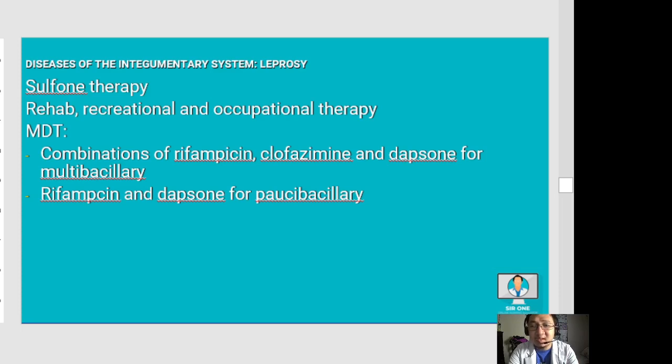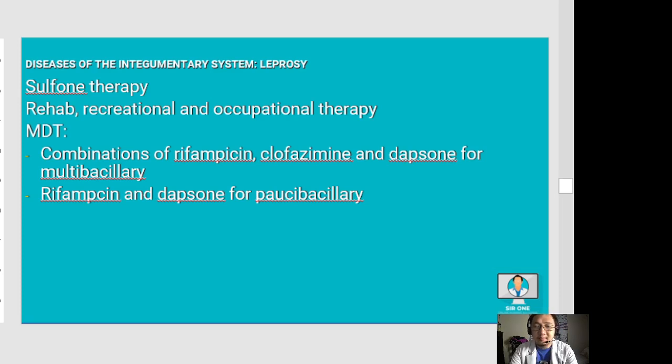Okay, so it's a multi-drug therapy, MDT. It's a combination of rifampicin, clofazimine, and dapsone for multibacillary type of leprosy, and we have rifampicin and dapsone for paucibacillary leprosy. And rifampicin is the most important anti-leprosy drug from one source.